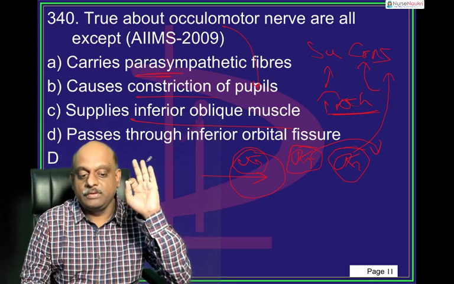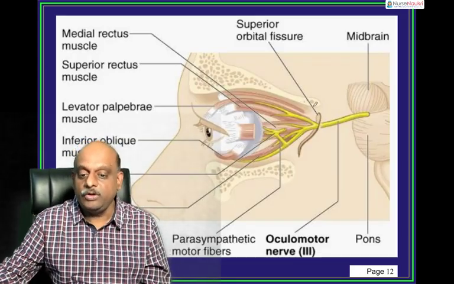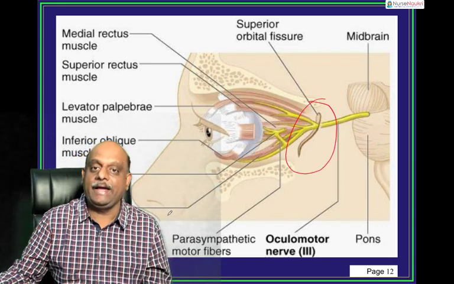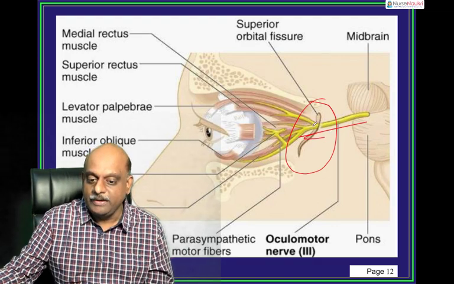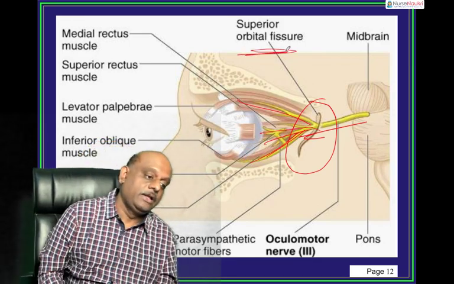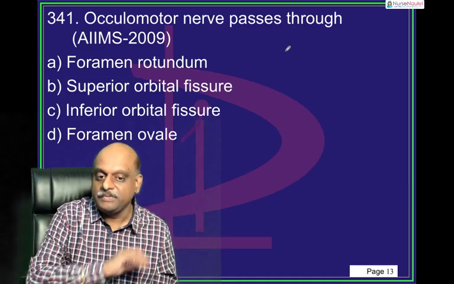So, the oculomotor nerve does not pass through the inferior orbital fissure. You all know very well, the superior orbital fissure invites the oculomotor nerve coming out of the midbrain, saying please come inside. So it is the superior orbital fissure through which the oculomotor nerve passes, which you need to remember.